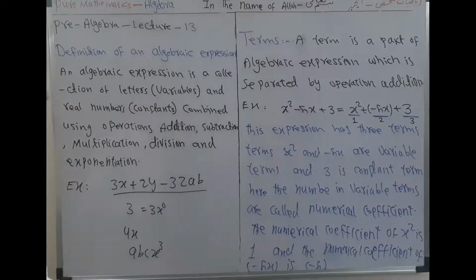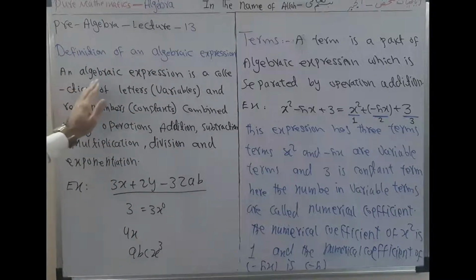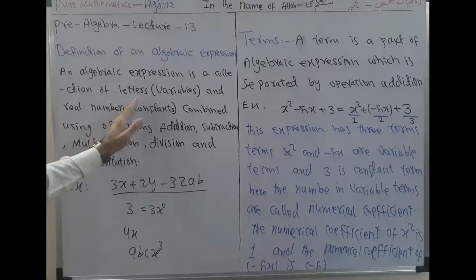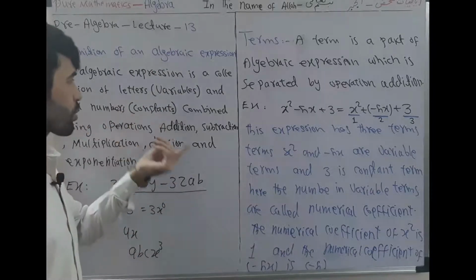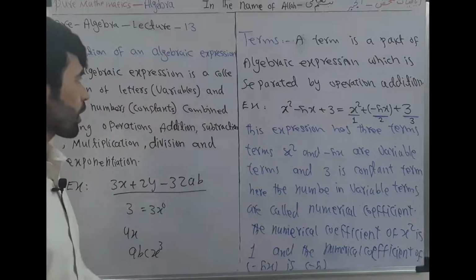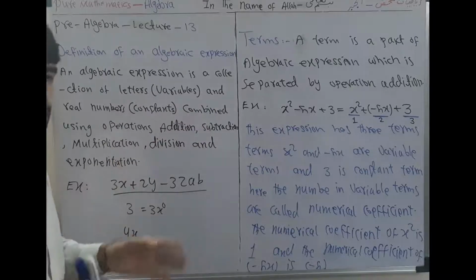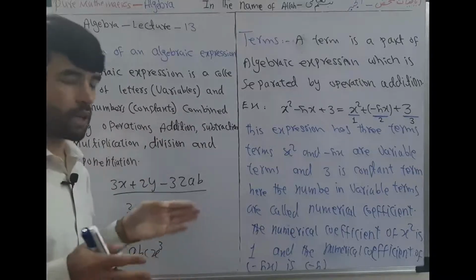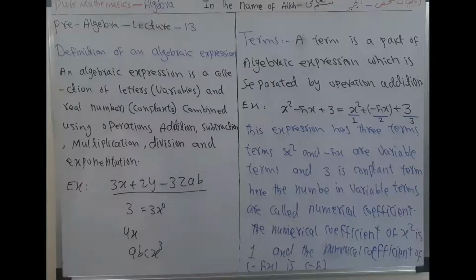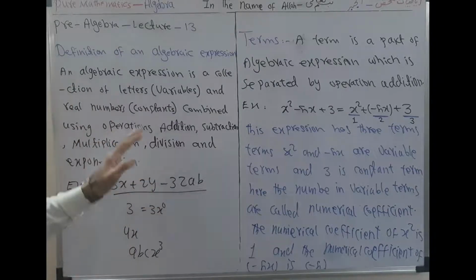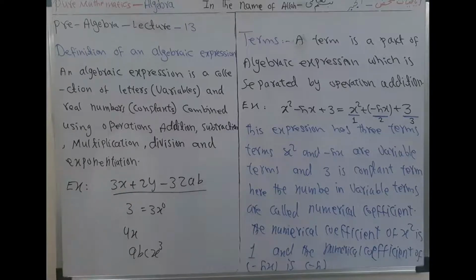An algebraic expression is a collection of letters, variables and real numbers, where real numbers mean constants, combined using addition, subtraction, multiplication, division, and exponentiation.